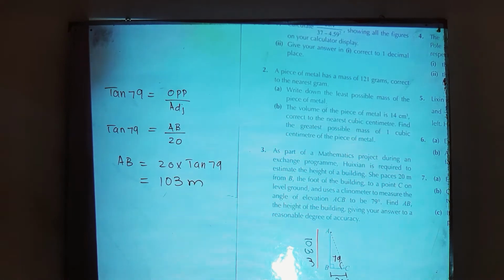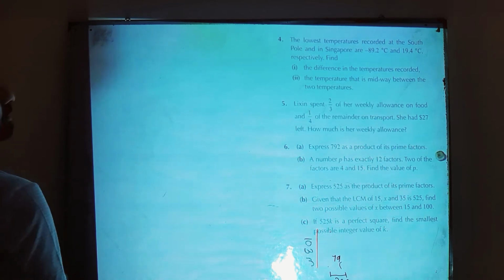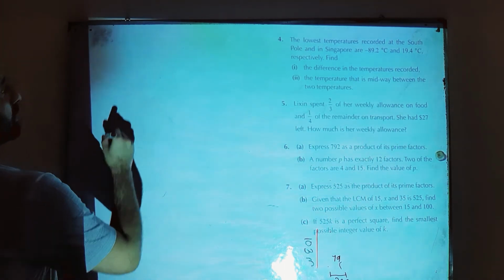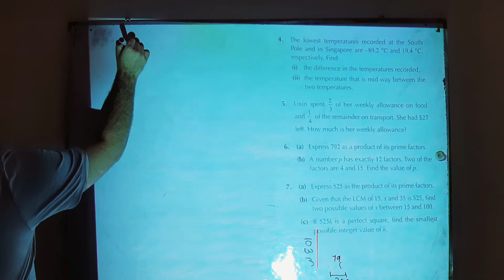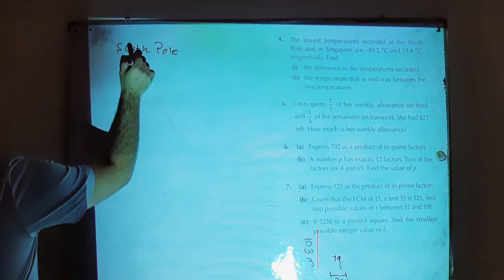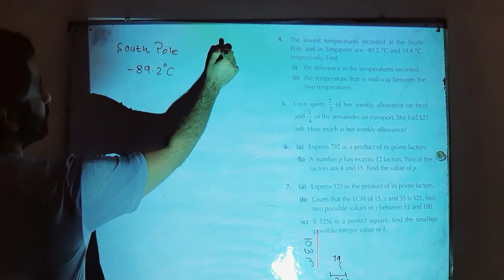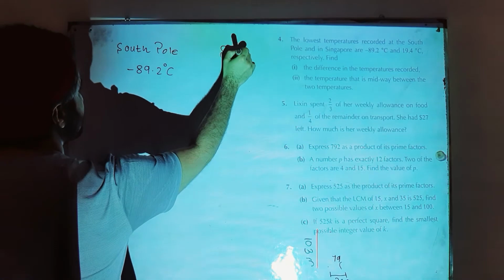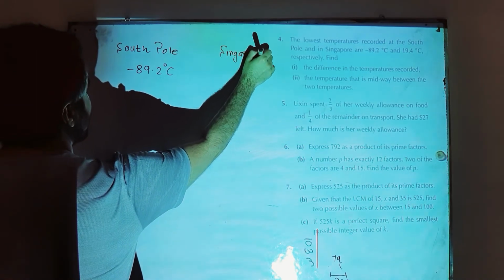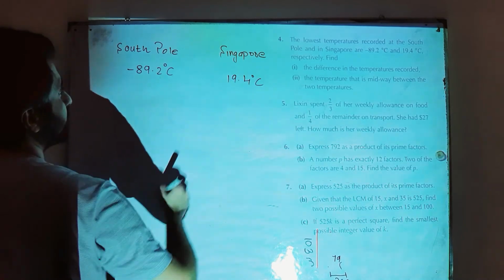Moving towards the next one. Question number 4 is about the lowest temperature recorded at the South Pole and in Singapore. The South Pole temperature is minus 89.2 degrees centigrade, and in Singapore it is 19.4 degrees centigrade.